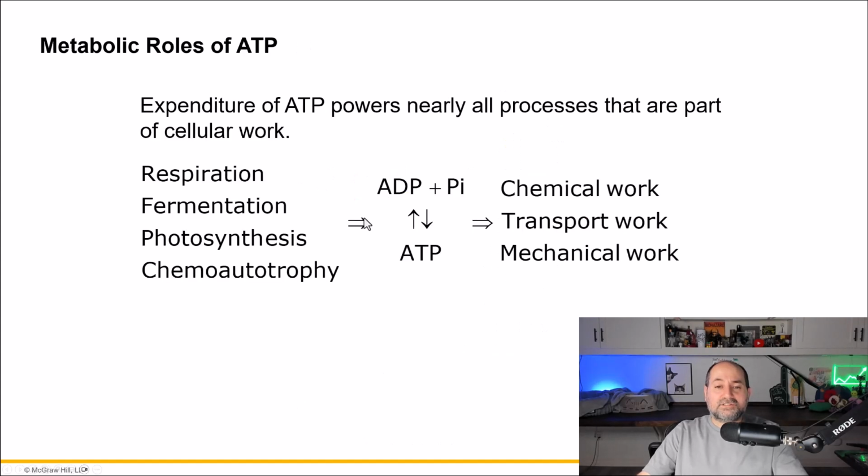What kind of work do you say? Chemical work, transport work, mechanical work, all types of work in the cell can be accomplished by ATP being broken down into ADP, right? Adenosine diphosphate. And what did you do? You released a phosphate group as inorganic phosphate.